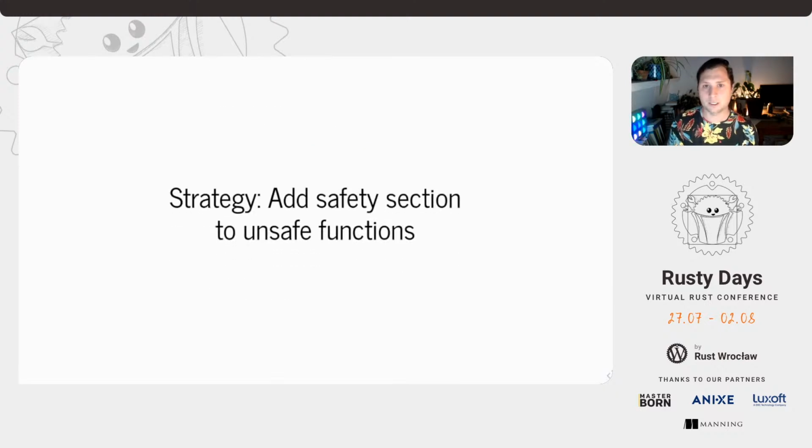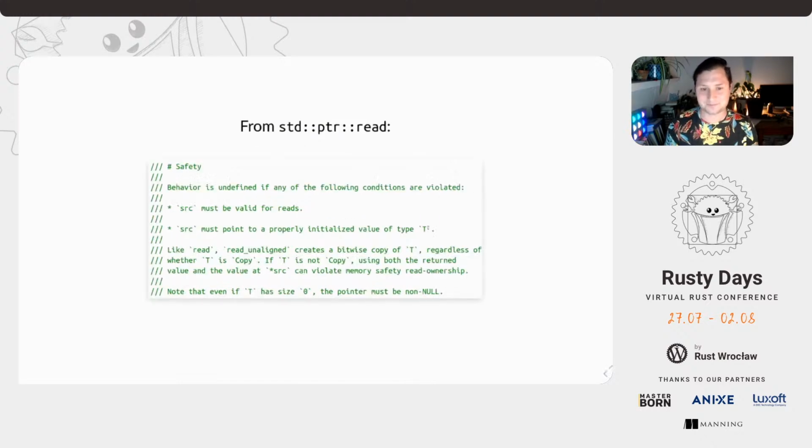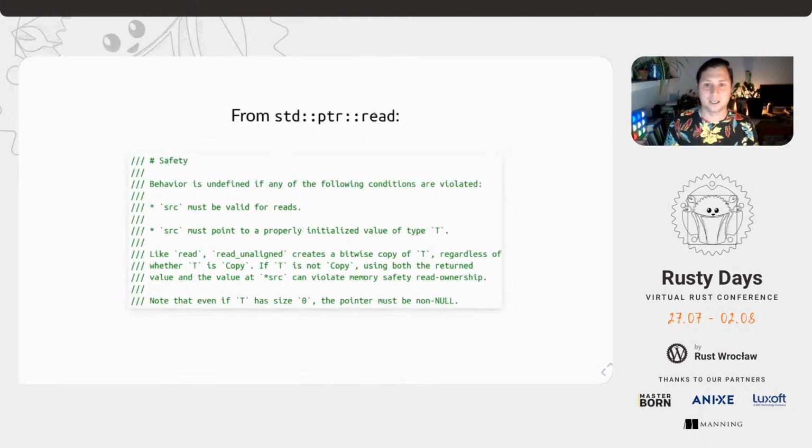One thing I think is really, really good is that the public documentation explains why things may panic. And if you read the code comments of the standard pointer read, you'll see that there are invariants described, which is that the source of where you're reading from must be valid for reads.